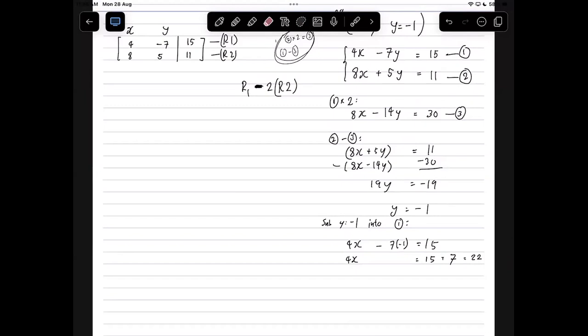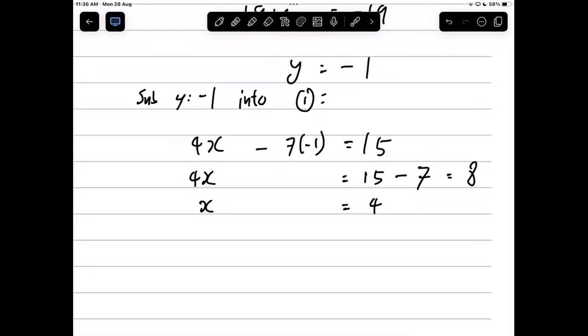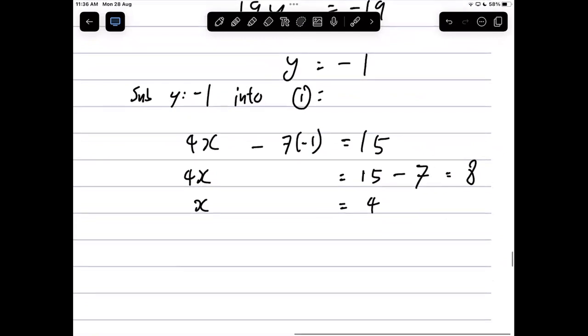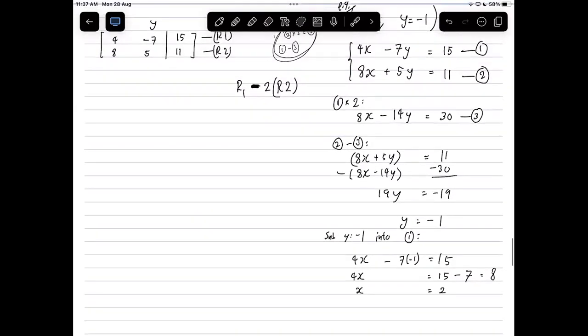No, -7 times -1 is +7. You bring it over, you get 4x equals 8. So x equals 8 divided by 4, which is 2. I'm getting confused. Oh my goodness. 8 divided by 4 is 2.